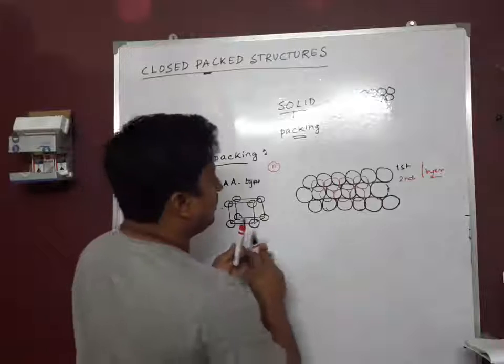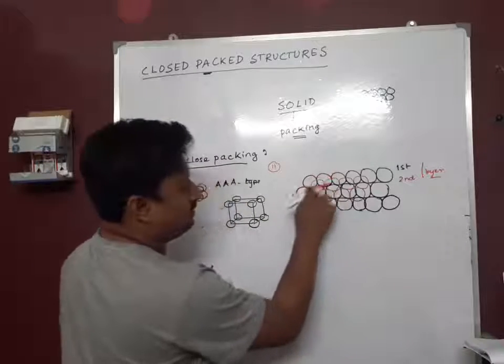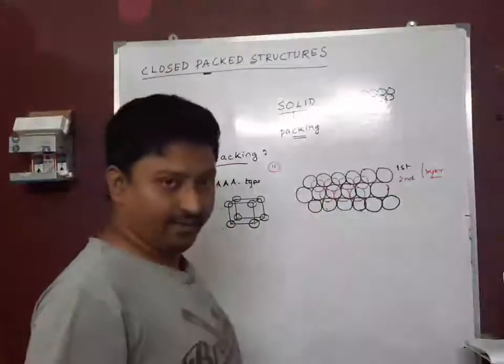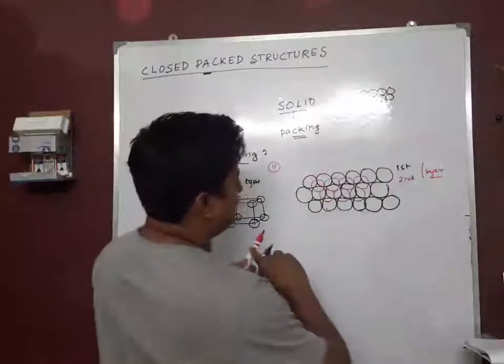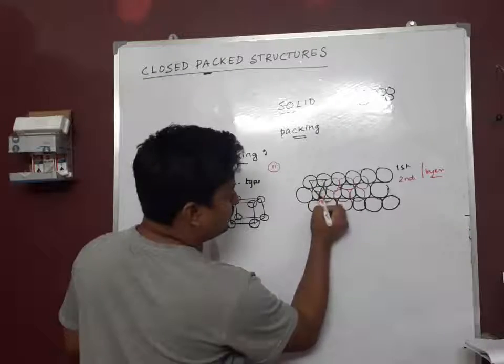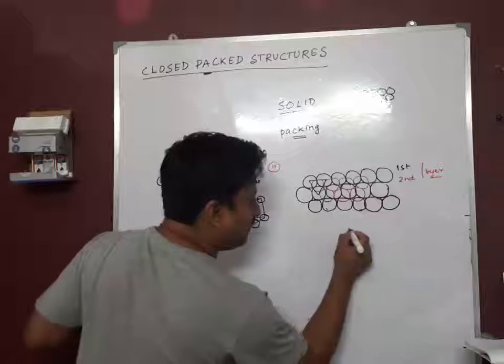How? Now the void of the black layer is compensated by the red layer. So let's say I am talking about this region, this part. If I draw, think about how it will look.